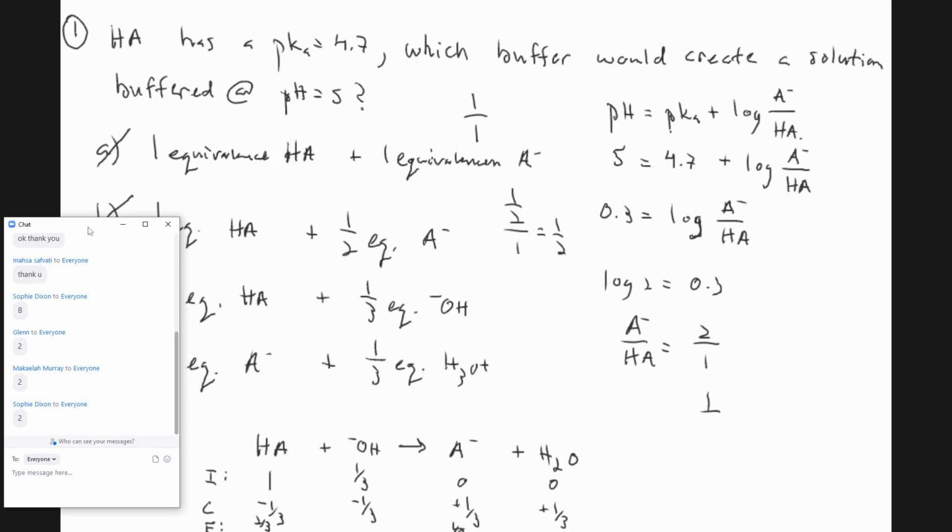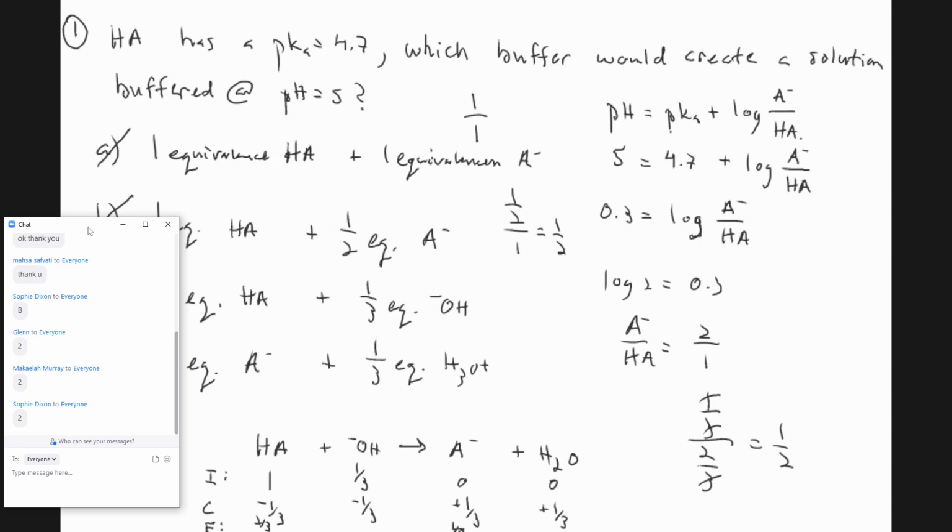So 1/3 divided by 2/3 gives us 1/2 again, which doesn't work.